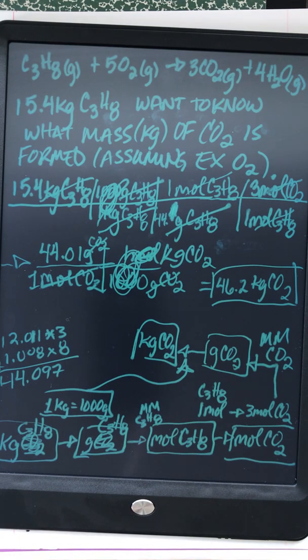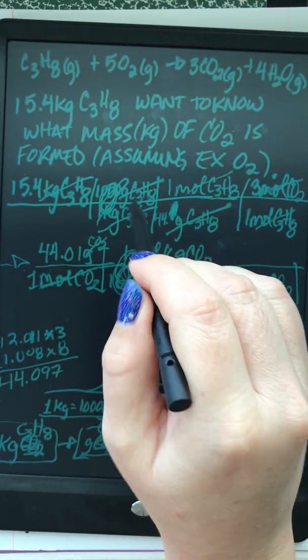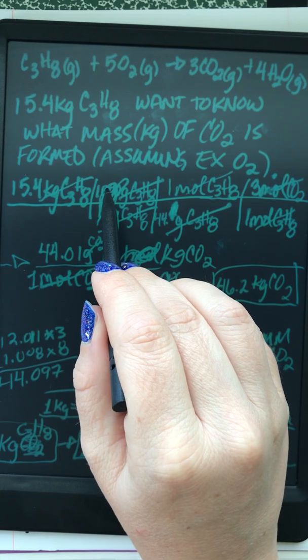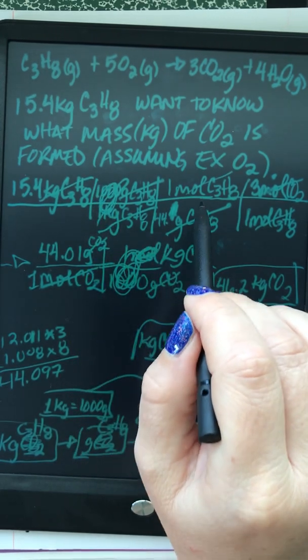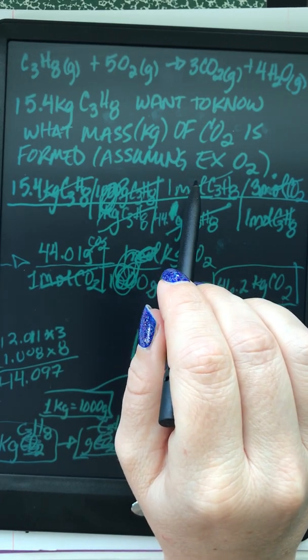Now, one of the other things that I wanted to mention is I tend to like to do problems all in one line because I'm lazy and I don't want to do a bunch of calculations. But I think a lot of students feel much more comfortable doing one step at a time, right? So doing this 15.4 times 1,000, getting an answer, and then making that answer the place that you start with the next step, right?